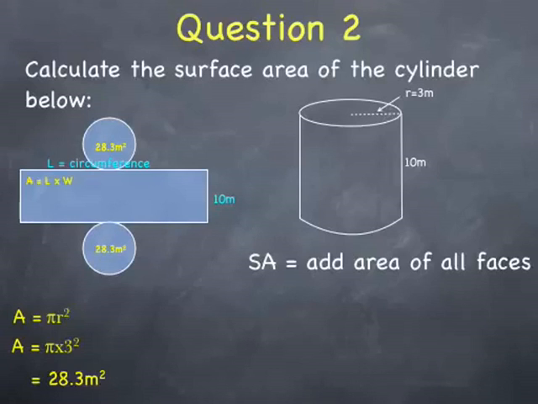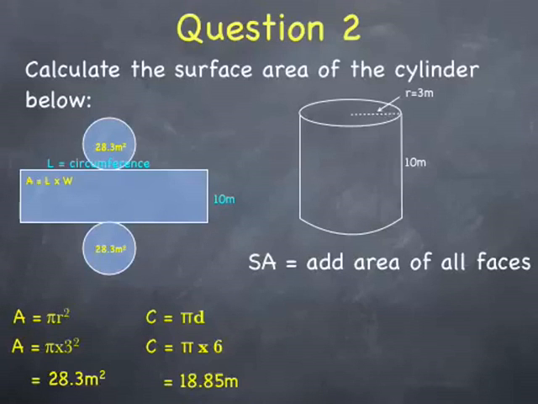So we have to work out now the circumference of the circle. Circumference equals pi times diameter equals pi times 6. Remember the diameter is 6. Radius is 3, the diameter is twice as big, so it's 6. So it equals 18.85 metres.